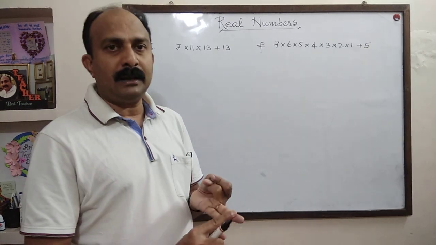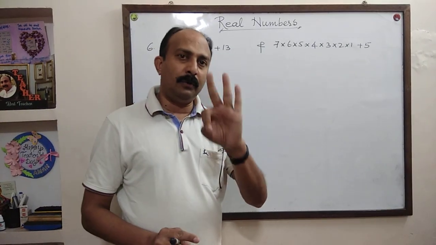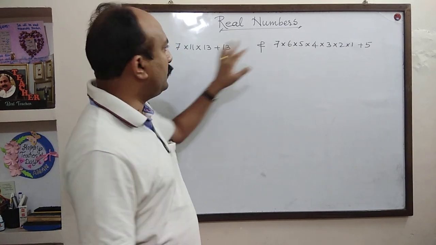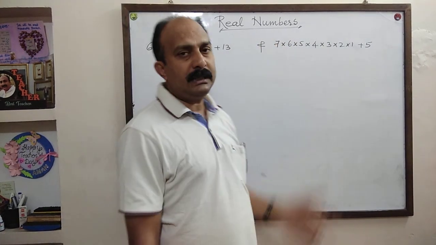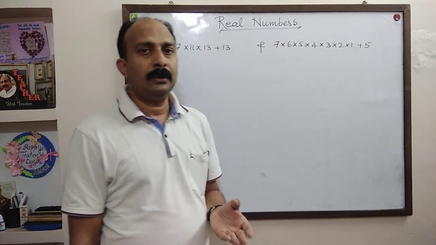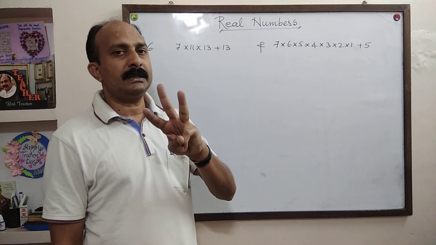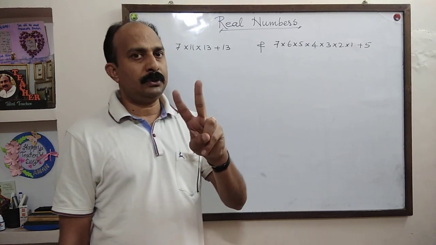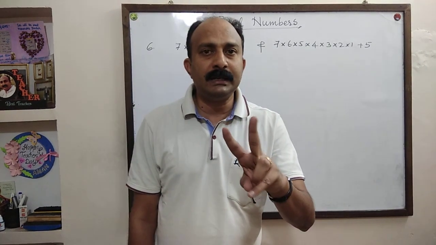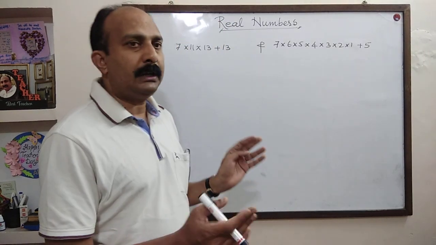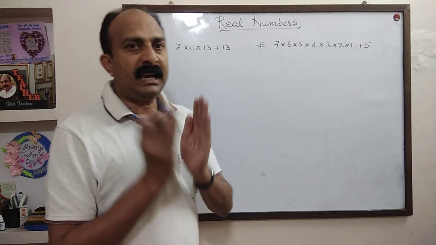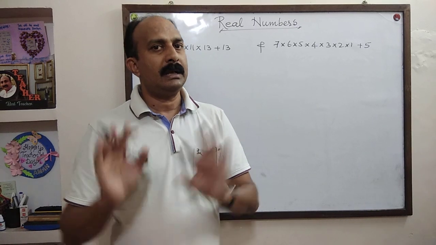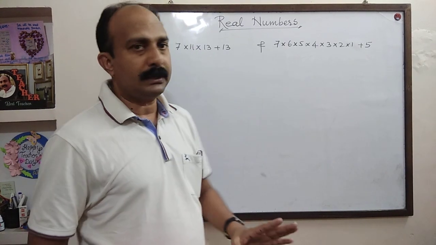Other than this 1 and the number, if that number has one more factor, then that number is said to be a composite number. So we have to show that this number and this number have minimum 3 factors. And if we remove that 1, then we have to show that it has minimum 2 factors other than 1. Or if we can show that these numbers can be expressed as the product of two numbers other than 1, then they are composite.